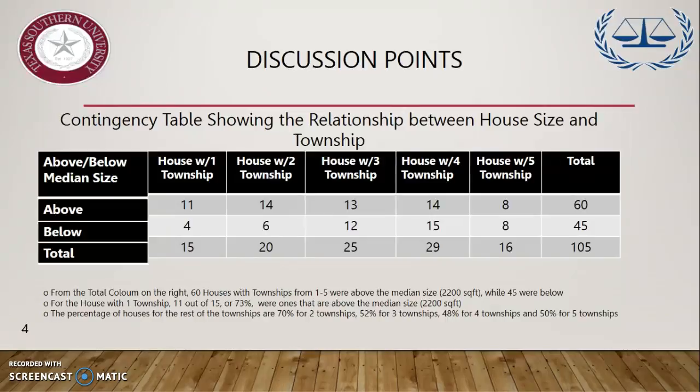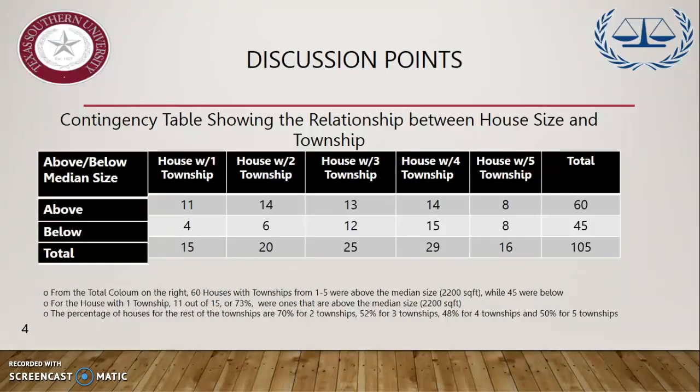Basically, that is an explanation of my contingency table. For the houses with one township, 11 out of 15, or 73%, were above the median size.